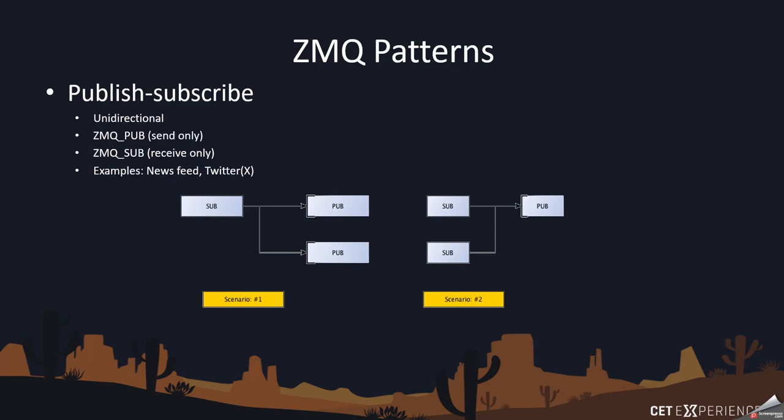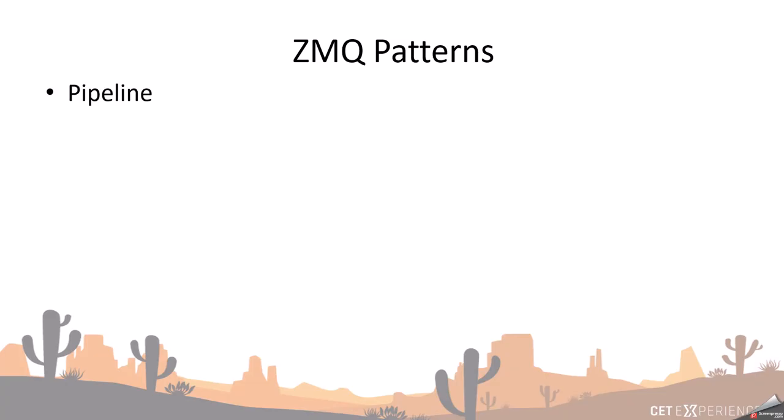Okay, so let's go back to our pattern, pipeline. This is an interesting one. This is also unidirectional, so this has a lot more connections involved in it than the others. So we have a push socket, which is for send only, and a pull socket, which is for receive only.